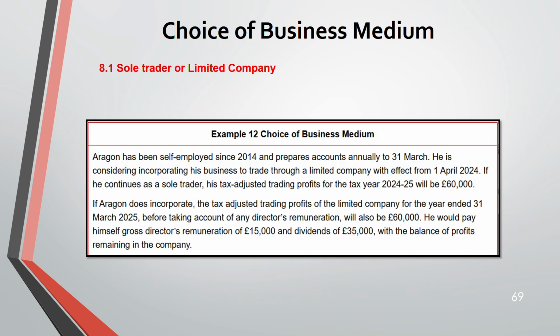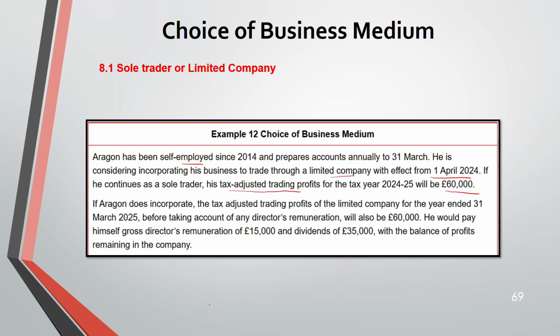So, example 12. Here, Aragon is self-employed, prepares accounts to 31st March, and is considering incorporating his business through a limited company with effect from 1st April 2024. If he continues as a sole trader, tax-adjusted trading profit is given as 60,000.